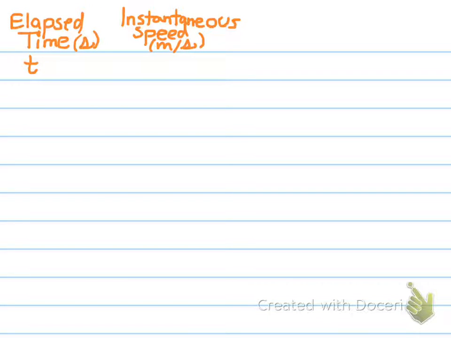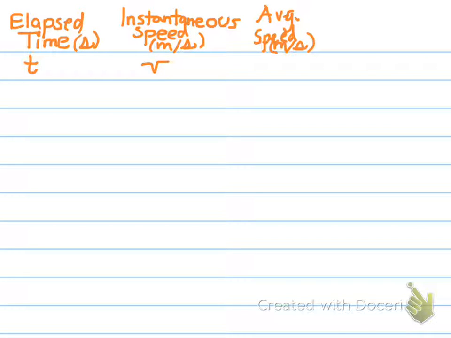And our symbol is the little v. I want to look at average speed. And that's also going to be in meters per second, and that doesn't necessarily have a symbol.